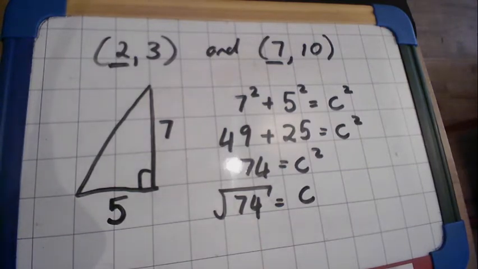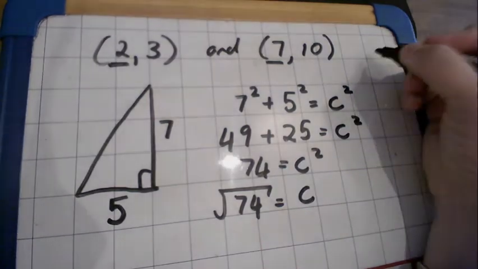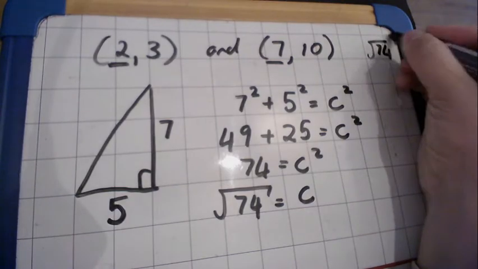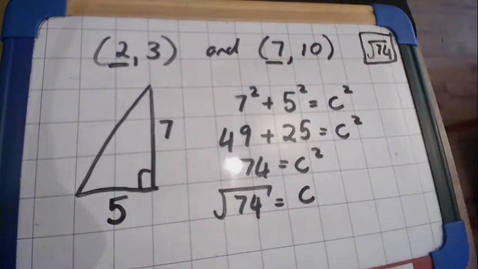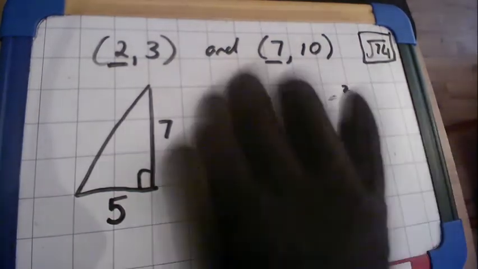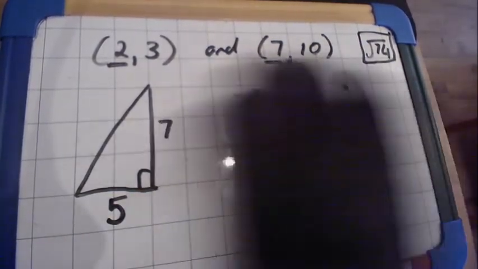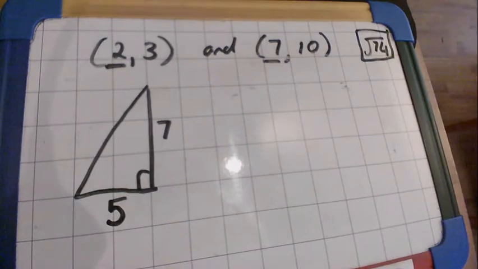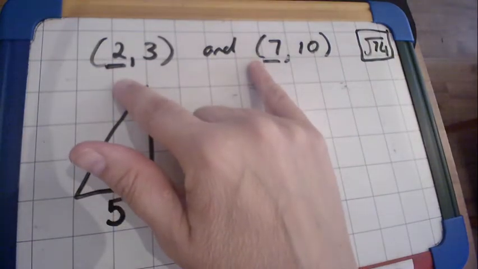Right, so if we remember that our answer to this question is root 74, I'm going to introduce you now to the formula to finding out the distance between 2 points or the length of the line. So how do I go about doing this? Well, remember what we did. We looked at these two here and we looked at how far apart they were.